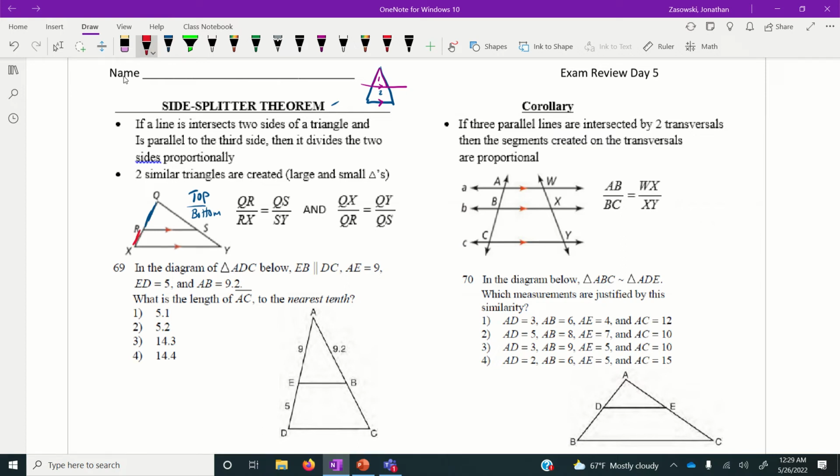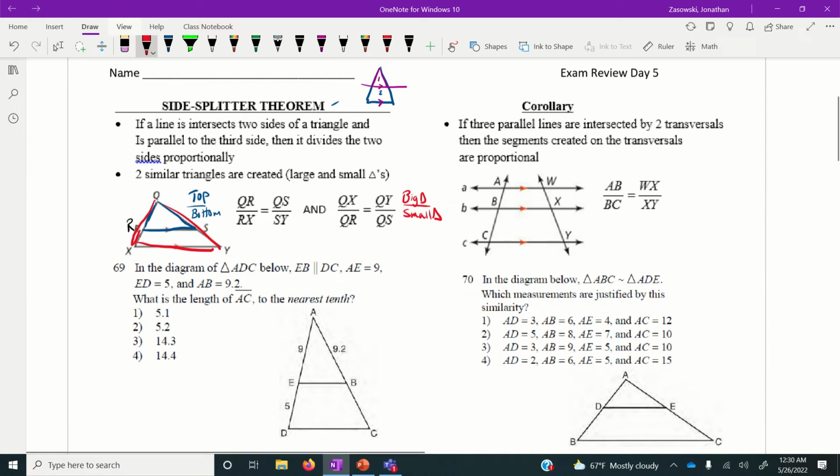And the second one is coming by just comparing the sides in the small triangle to the sides of the really big triangle going all the way down. So when you're doing this one, and this is R again, you're going to see that this is actually QX. So this is like big triangle over small triangle.